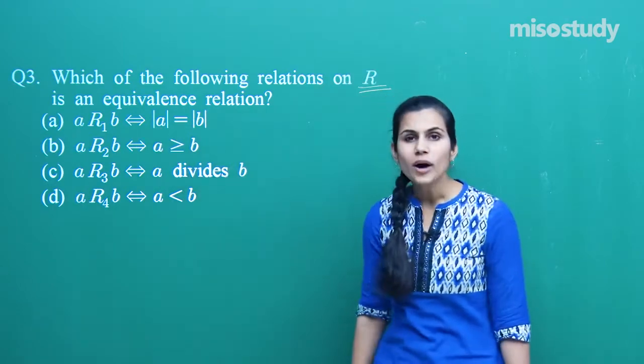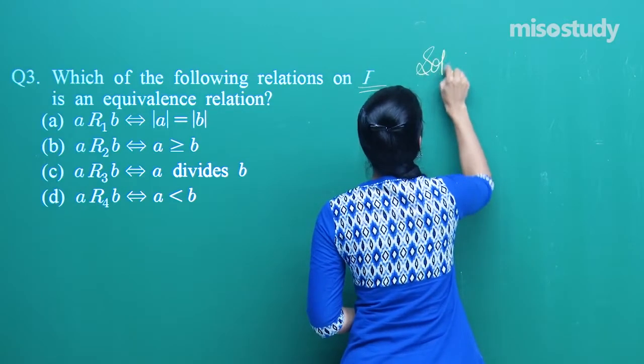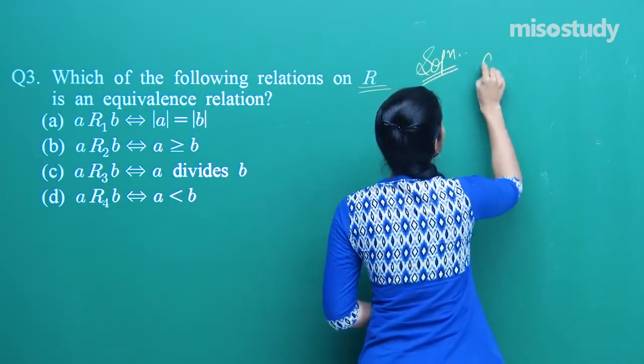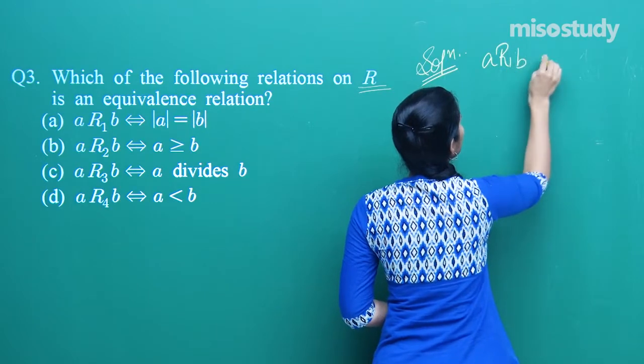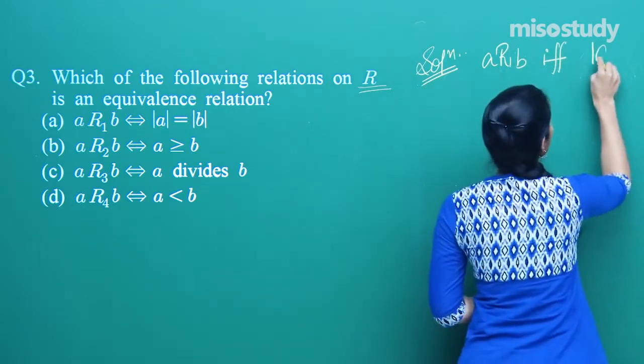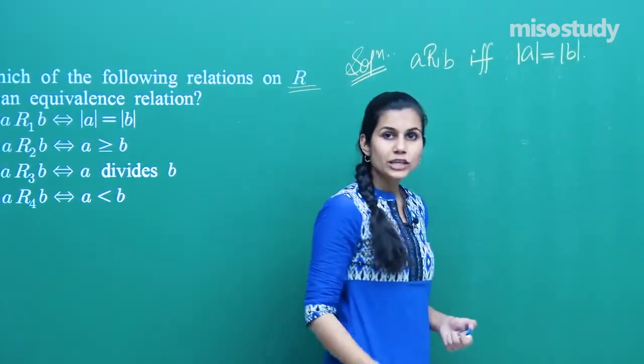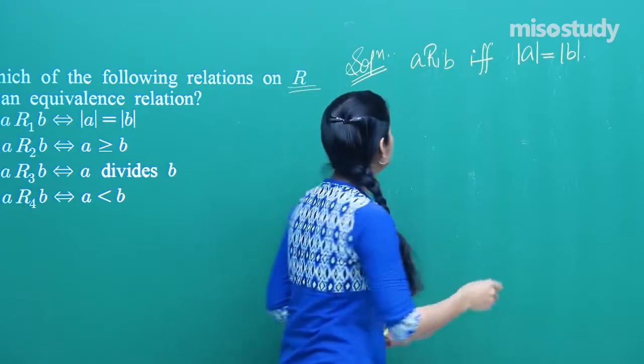Let's see if R1 is an equivalence relation or not. It says A is related to B if and only if distance of A from 0 is equal to distance of B from 0 on the real line.